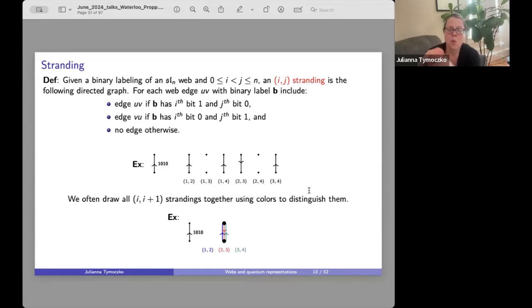And then what we generally do is we draw all of the i, i plus 1 strandings together, and we use different colors to distinguish them. I'm always going to use blue for the 1, 2 strandings, red for the 2, 3 strandings, green for the 3, 4 strandings. So 1, 0, 1, 0 has a blue edge pointing up, that's my 1, 2, a red edge pointing down, that's 2, 3, and a green edge pointing up again, that's 3, 4.